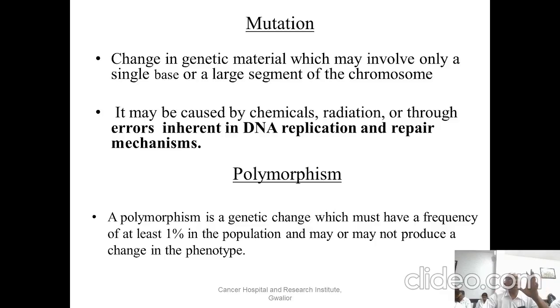It's a protective mechanism because God does not want more than 1% of the population to die. Suppose in Gwalior, more than 1% of Gwalior's population had a deadly mutation, how many people would die? Therefore, those present in more than 1% are generally benign or favor survival. So we call them polymorphisms.